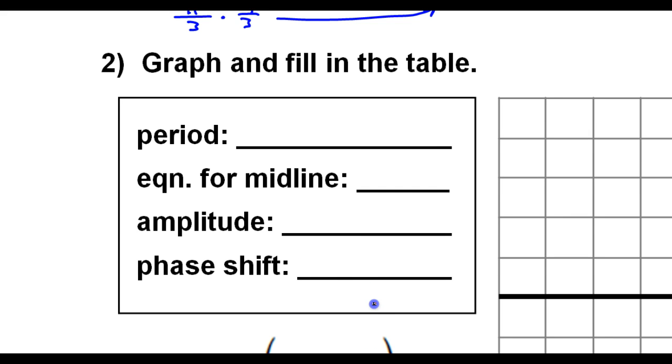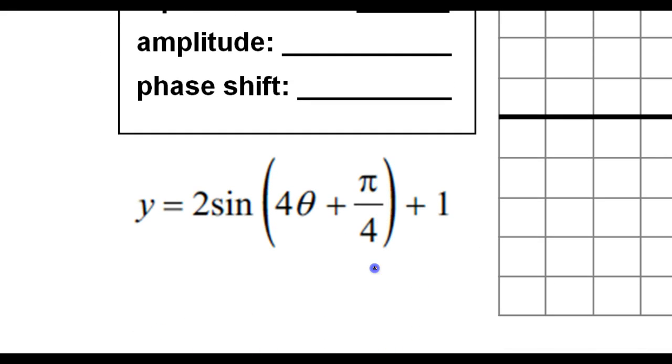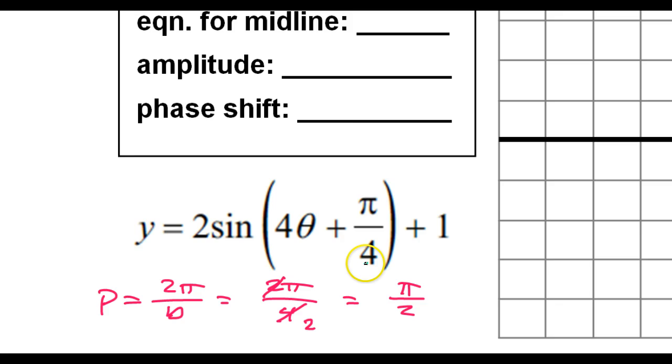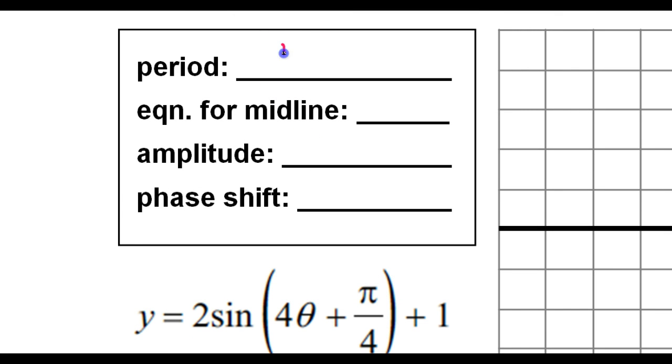Alright, first the period. The period is going to be 2 pi divided by the b value, which is 4. So that's 2 pi divided by 4. Well, 2 goes into 4 twice, so that's just going to be pi over 2. So the period is going to be pi over 2.